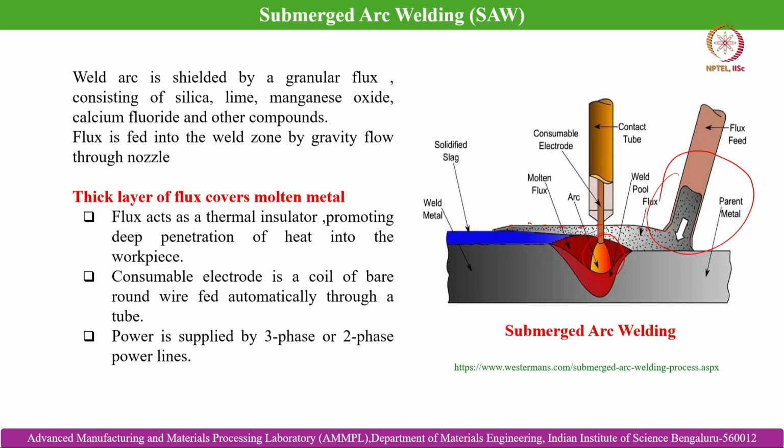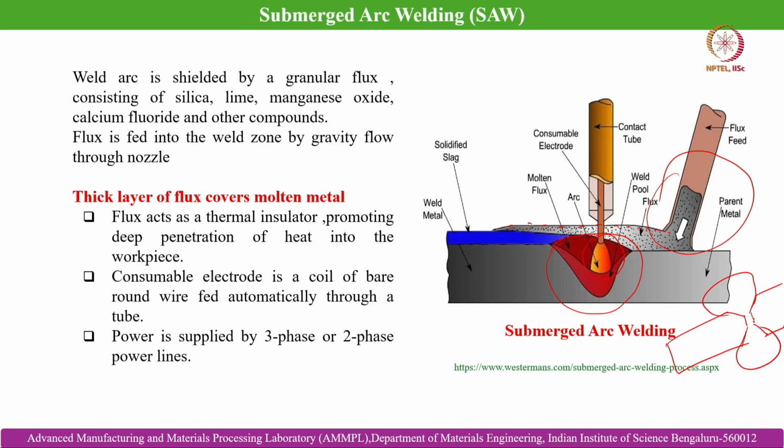Here the flux also acts as a thermal insulator, promoting deep penetration of heat into the workpiece. You can see the weld pool is touching almost the thickness of the workpiece, as shown over here. We have discussed several times earlier that when we have a thicker plate to weld by the butt welding route, we have to go for a double V, so that the weld zone reaches the entire thickness.